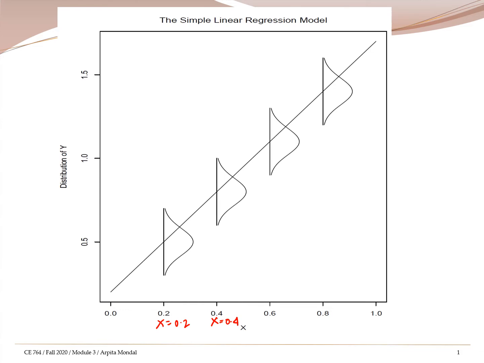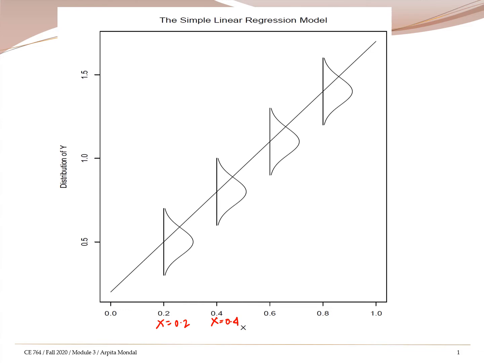What do we notice about the distribution of y at the different levels of x? We see that the distribution has exactly the same shape, which means the family of the distribution, which is normal in this case, does not change. This is a bell-shaped Gaussian distribution, and this is also a bell-shaped Gaussian distribution at x equal to 4.